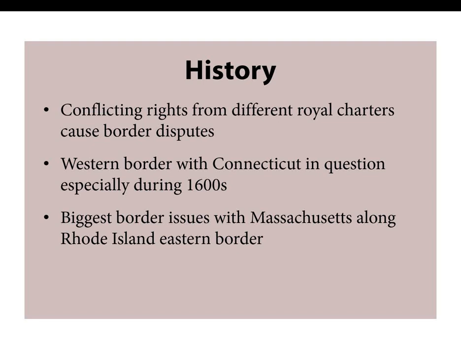For instance, the western border with Connecticut was in question back and forth, especially during the 1600s. But the biggest border issue you're going to see is between Massachusetts and Rhode Island along the Rhode Island eastern border. And that's going to affect where certain records are found.